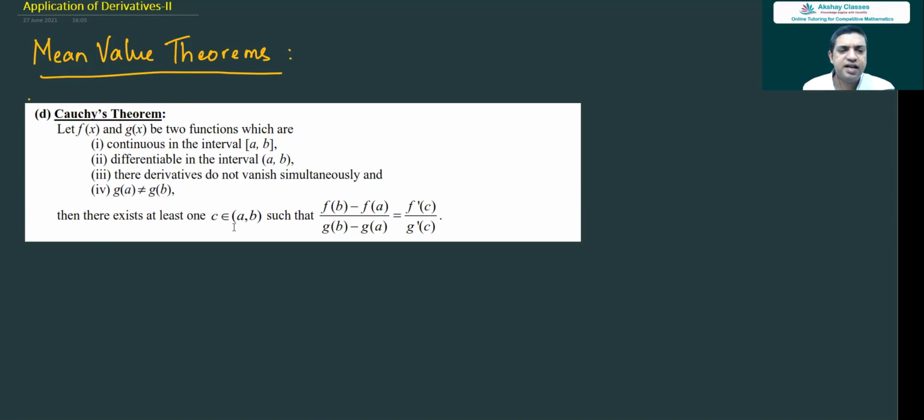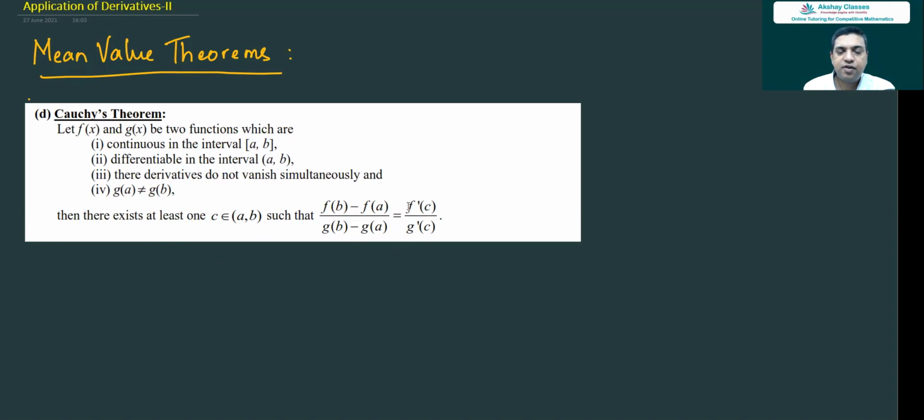Then there exists at least one c belonging to (a, b) such that (f of b minus f of a) by (g of b minus g of a) is equal to f dash c by g dash c. One important point to remember is that this c is the common point.